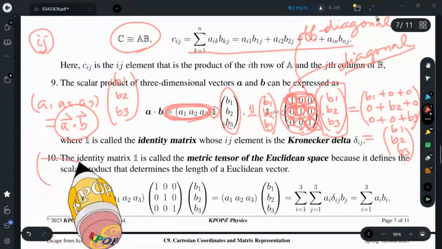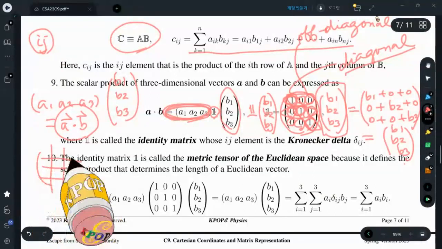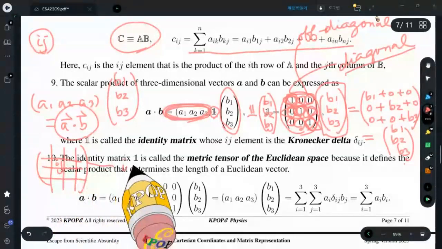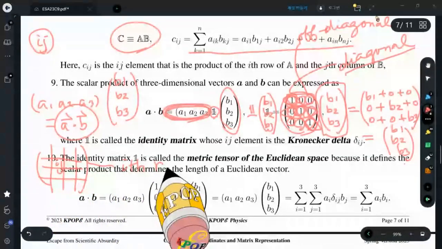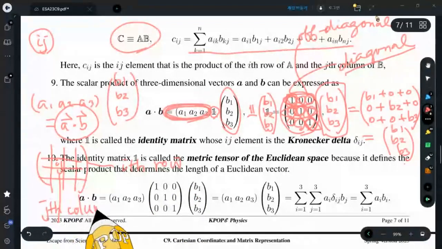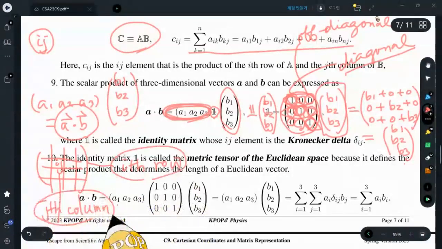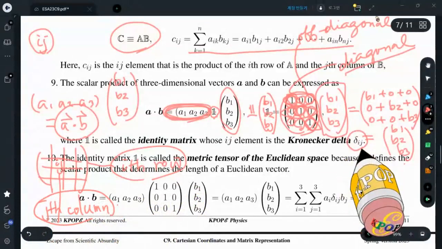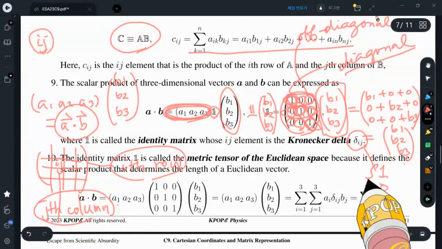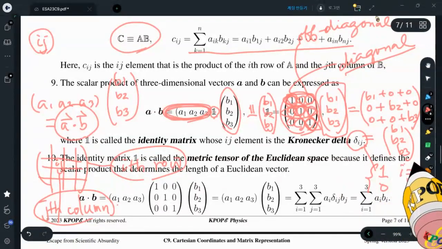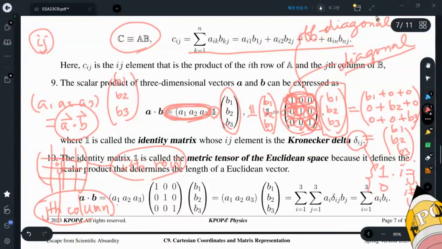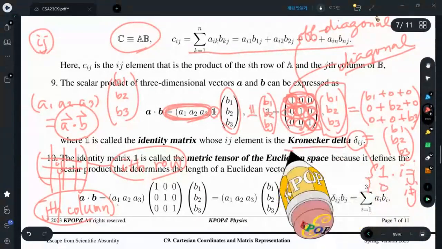That means first, second, third, first, second, third. So ij, so ith row, jth column. So ith row, jth column element is always 1 or 0. If i equals j, it is 1. If i is not equal to j, it is 0. So we call it the Kronecker delta.